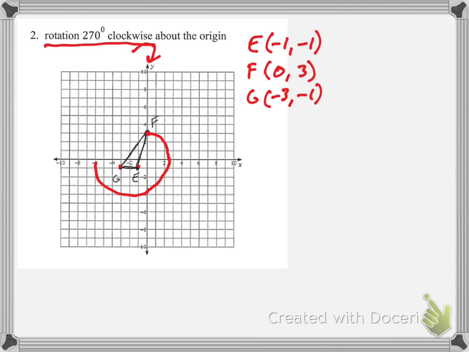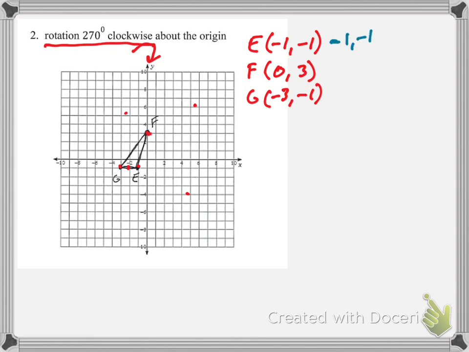G and E are going to go, well, they're in quadrant 3 to start. So those 2 points are going to go 1, 2, 3 quadrants. I'm going to switch the numbers.